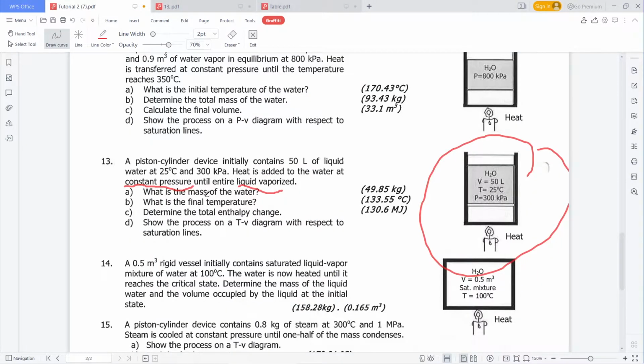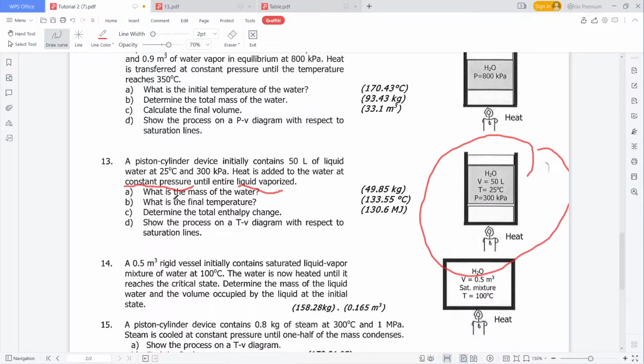B asks what is the final temperature. We can define the final temperature by the table, but the question is which table we need to refer to. We know that at the final condition, the water is vapor at 300 kPa because the pressure was constant.